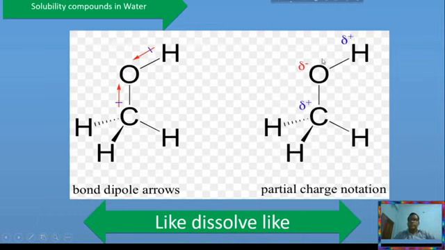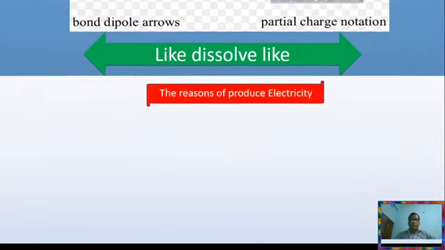Hence there is a positive and negative charge. There is a pole, two different charges. That's why this is a polar compound. So this compound will be dissolved in water. Why? Because methanol is a polar compound.